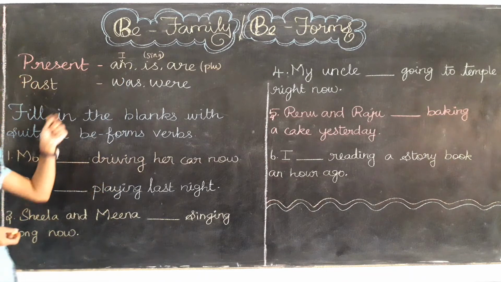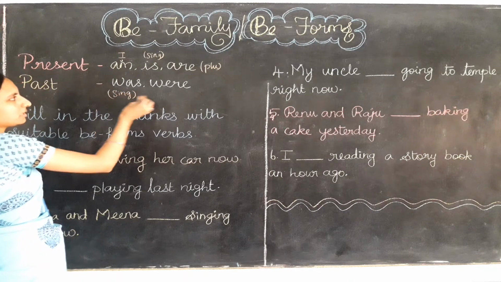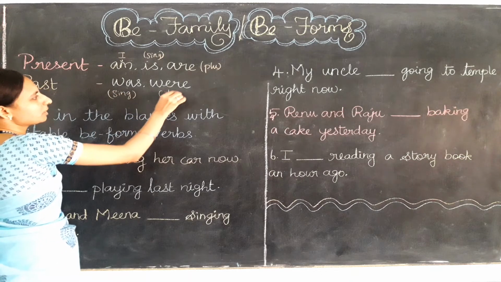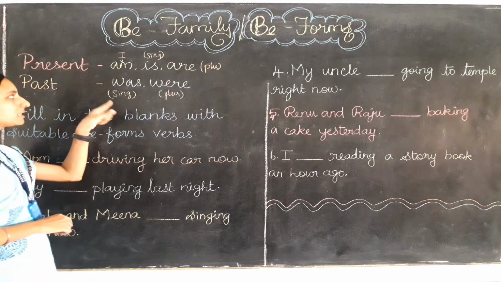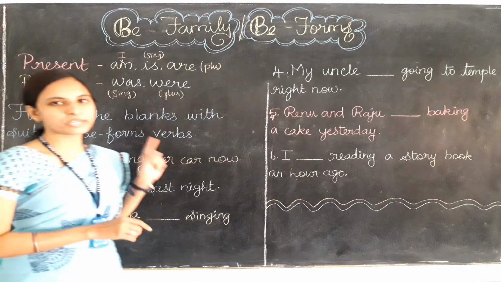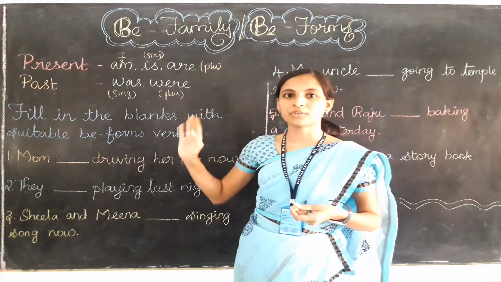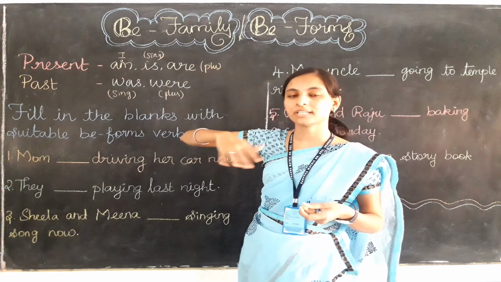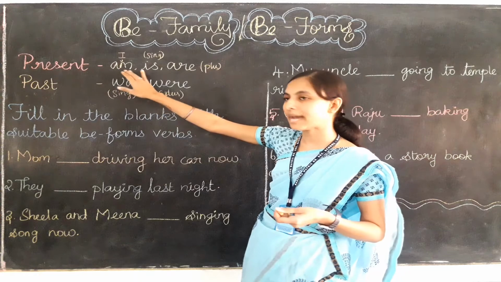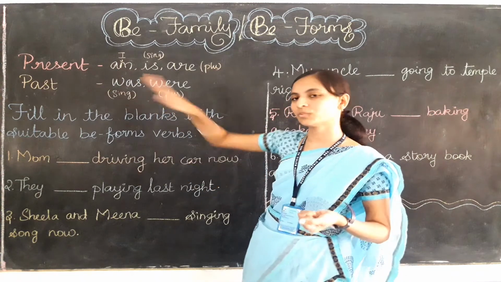What about was? Yes, was can be used with a singular subject, and for the plural noun in the past time we use were only. Also with the subject I we use was only. Okay children, do you remember where to use these verbs in a sentence? If the subject is I and it talks about the present, we use am. If the subject is I and it talks about the past time, we use was.